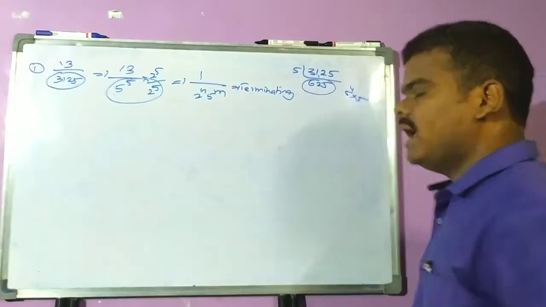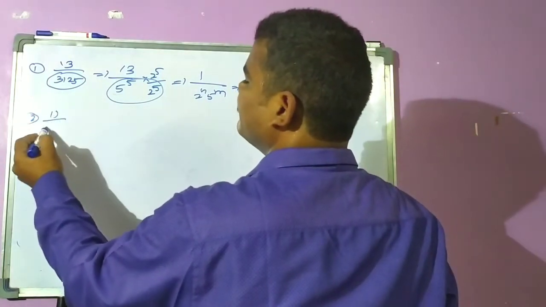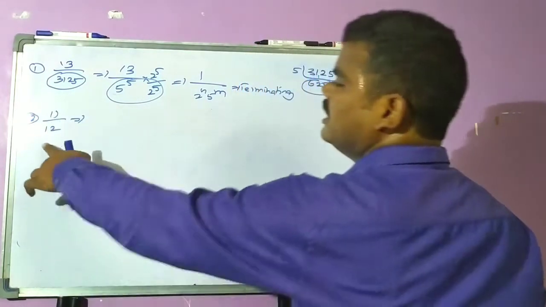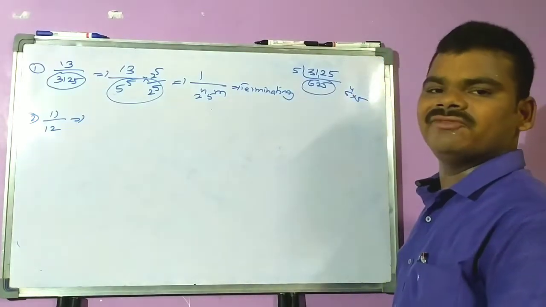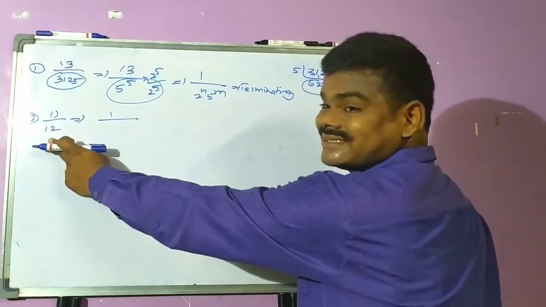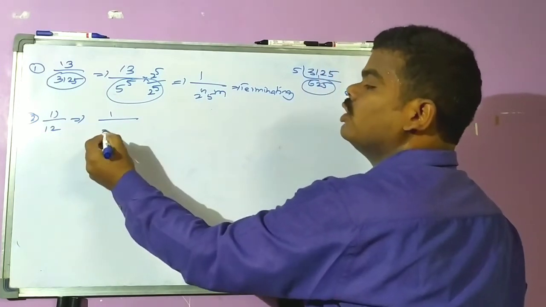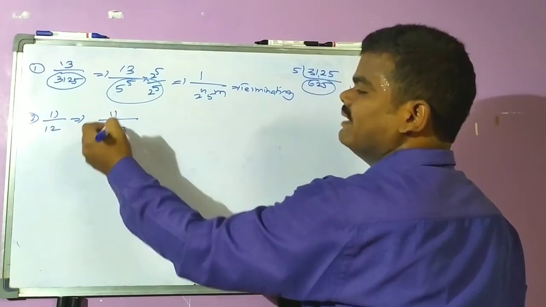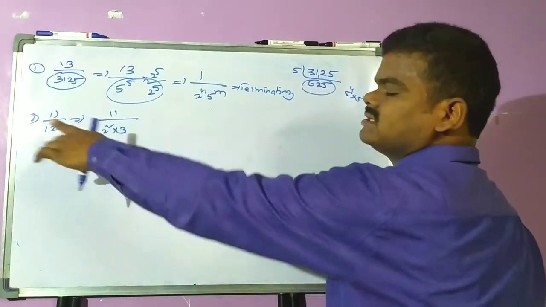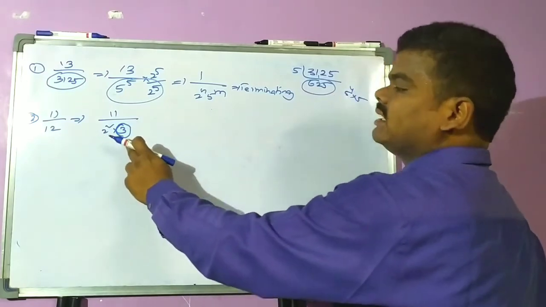Second one, 11 by 12. 12 can be expressed as a product of primes. 12 is 2 × 6, and 6 is 2 × 3, that means 2 square into 3. Here 3 is there.